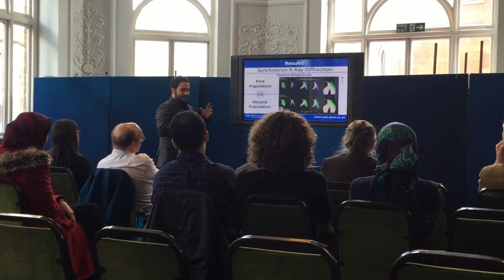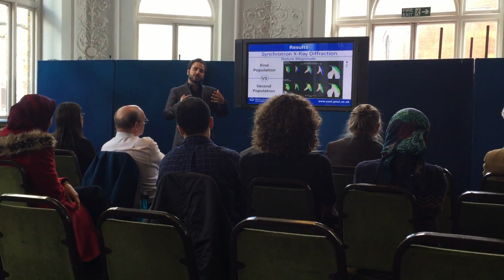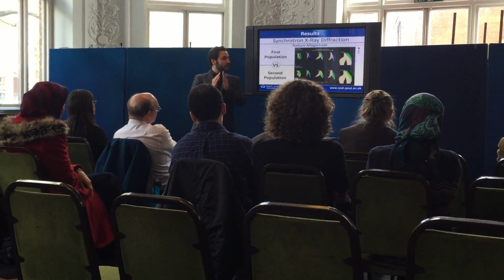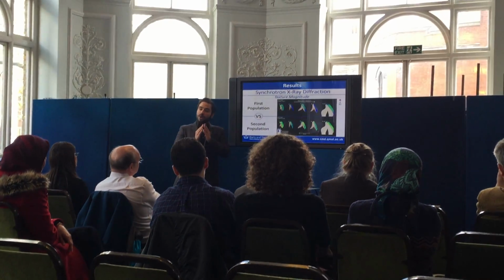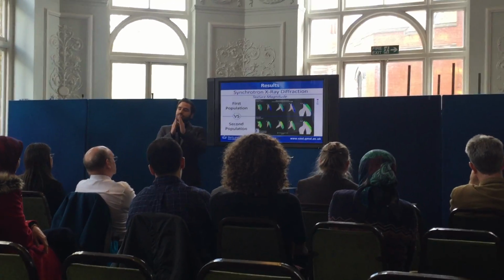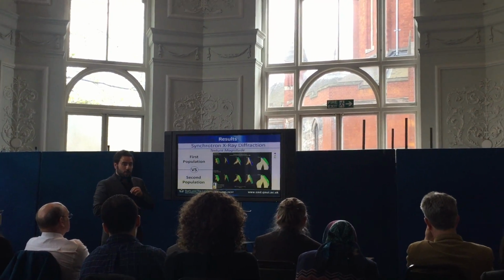As you remember, from the 5,000 diffraction patterns, I extracted the full width half maximum of the peaks to see how narrow or how wide the peaks are, to get a measurement of texture alignment. And I did this for both of the populations.